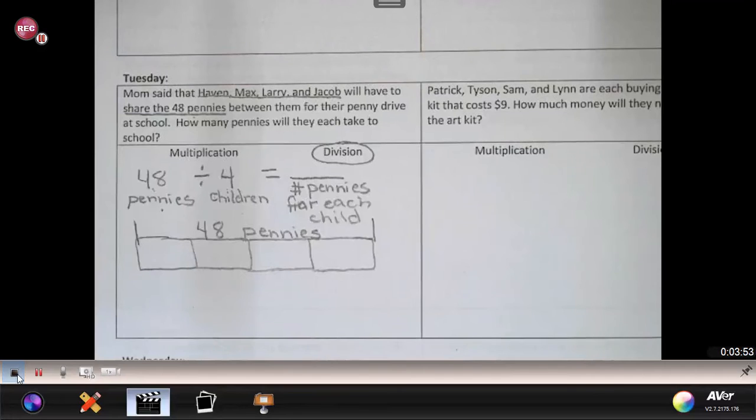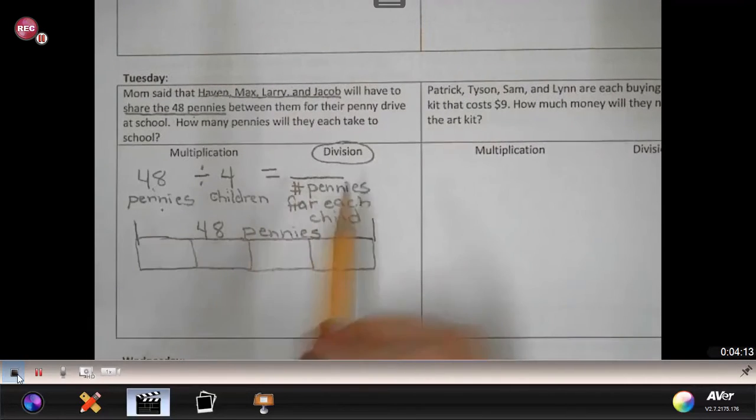This does not mean that they each get 48 pennies. That would be multiplication. Then our problem would say they each get 48 pennies. How many pennies do they have? So that's the difference between this being a division problem and a multiplication problem. Okay? So there's a difference.